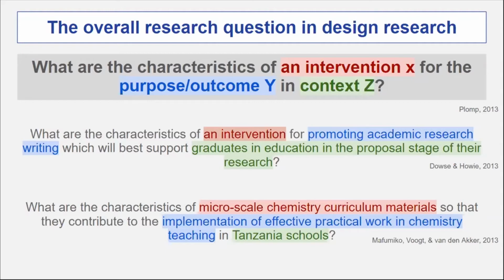Then another example, what are the characteristics of a micro-scale chemistry curriculum materials? So this is the intervention, so that they can contribute to the implementation of effective practical work in chemistry teaching, the purpose outcome, in Tanzania schools.